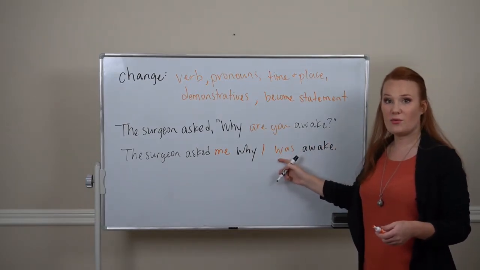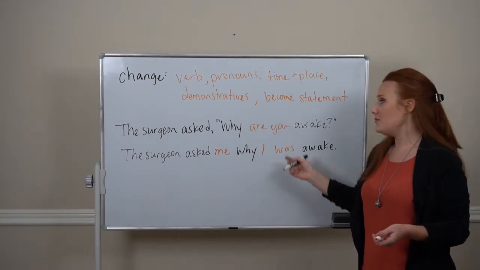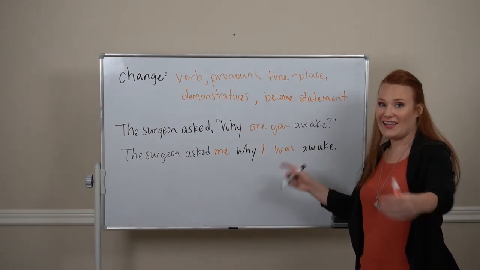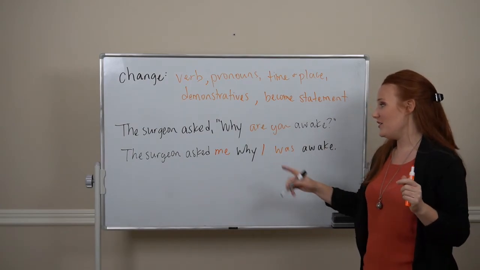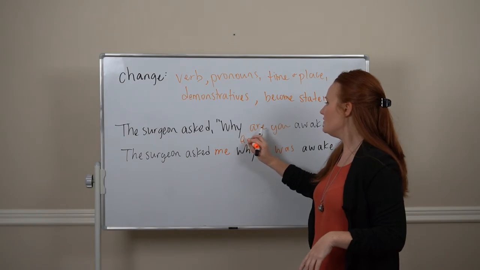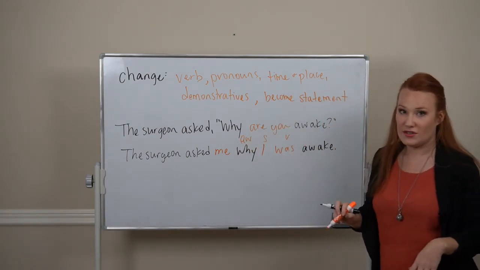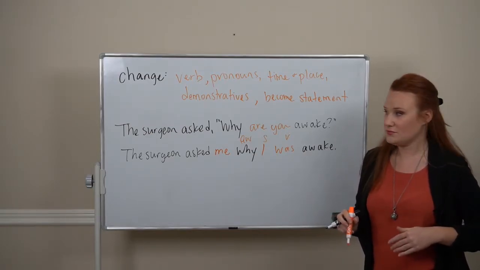So our verb went from present to past, are to was, and the pronoun went from you to I. Because now if I'm telling you about it, I can't say you, I'm talking about myself. So I'll use I, why I was awake. So we have our question word, subject, and verb. All right, question word, subject, verb. It is not question word order.